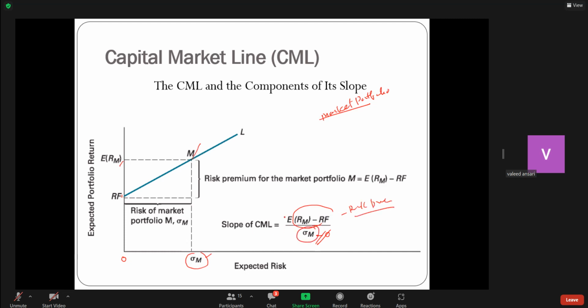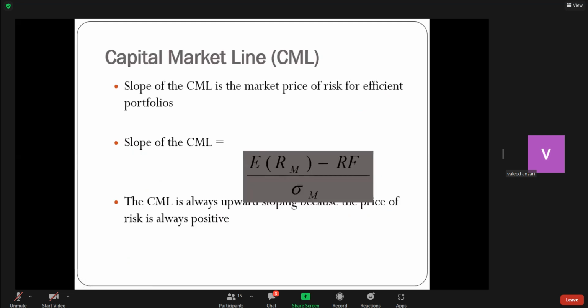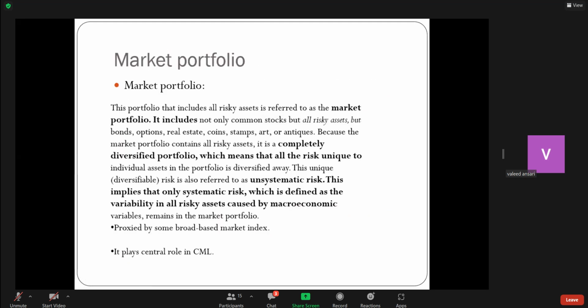Now the question is, what is this market portfolio? The market portfolio, theoretically speaking, should consist of all the assets in the economy: stock, real estate, and all these things. But in real life, I'll come back to this point later.